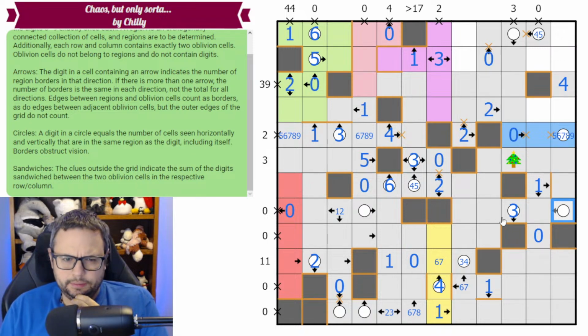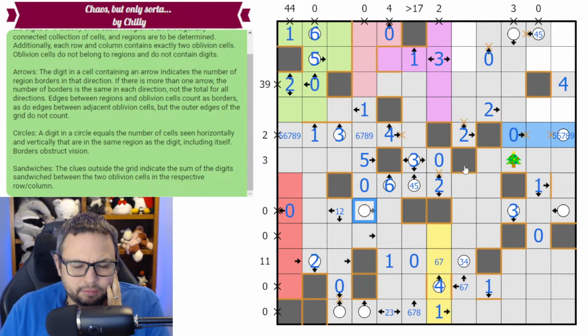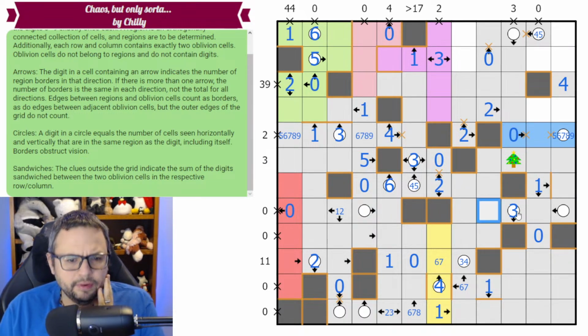Okay. Was debating if I wanted to mark this cell for candidates, but I think I really do not want to mark this cell for candidates.